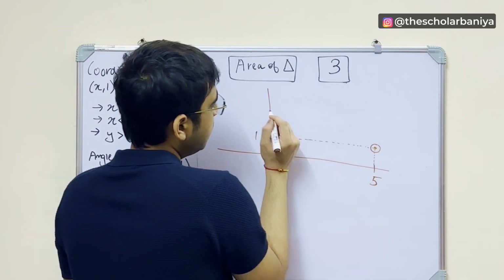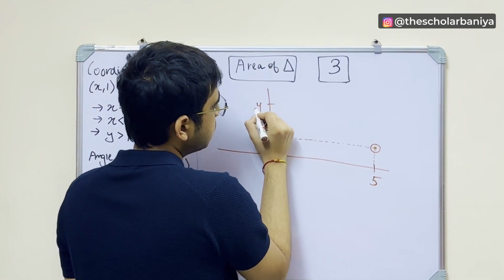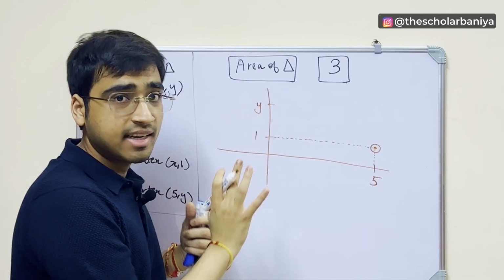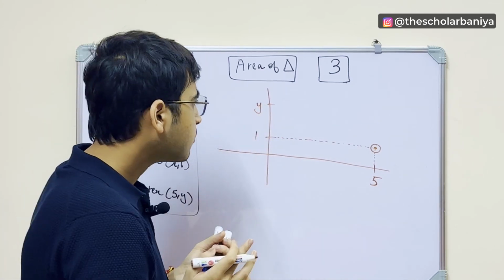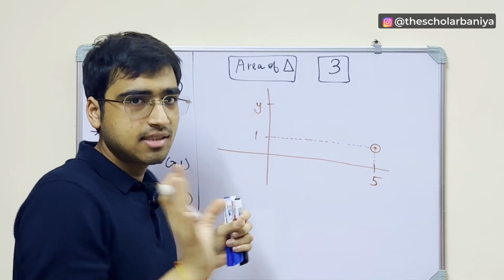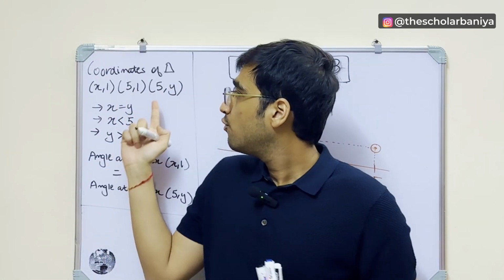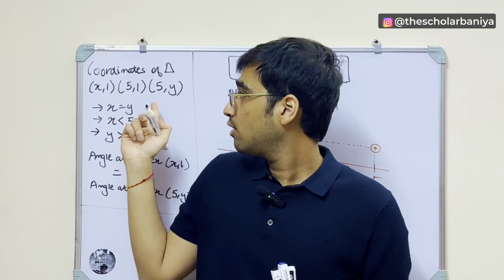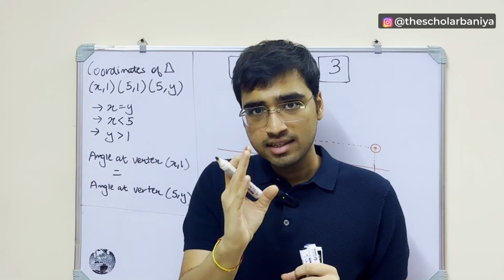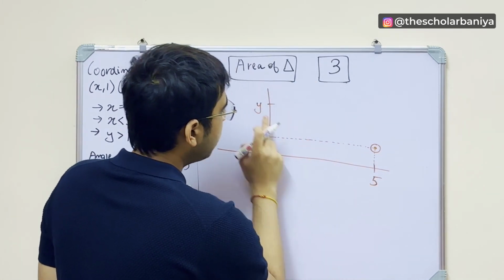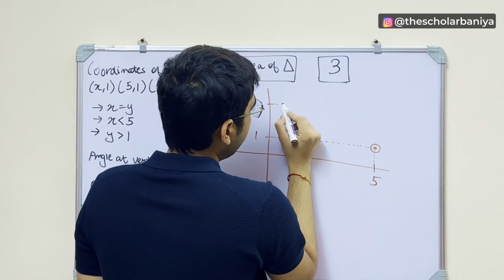If this is y, I don't know where y is. It can be 1.1, it can be 10, it can be 100, right? But let's say this is y. So where will the point (5, y) be? The (5, y) point is where the x coordinate is 5, right? So this becomes the point.